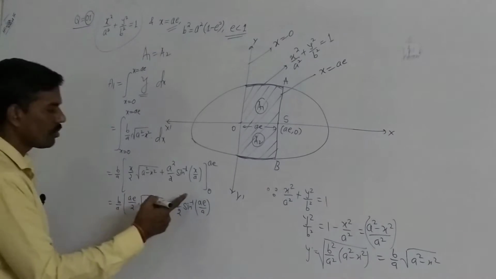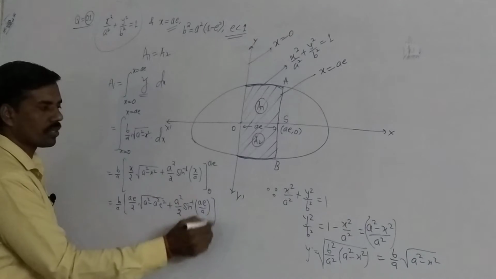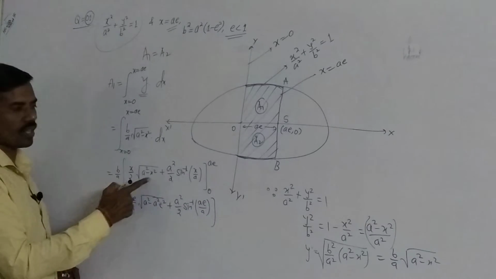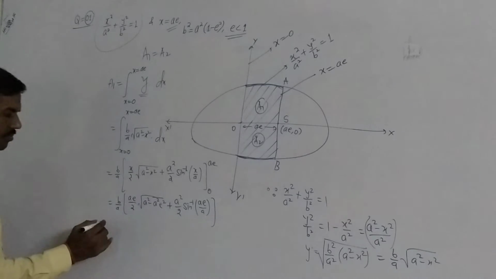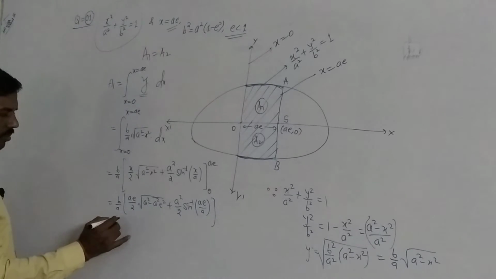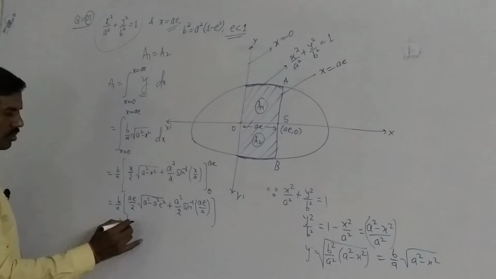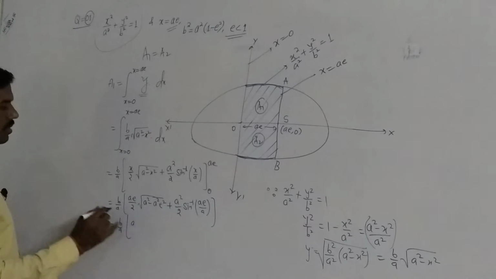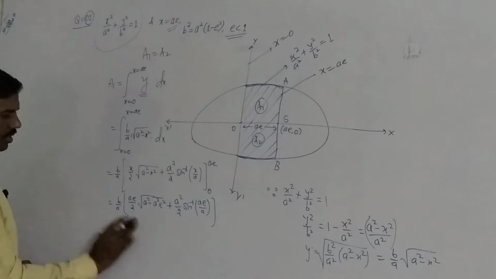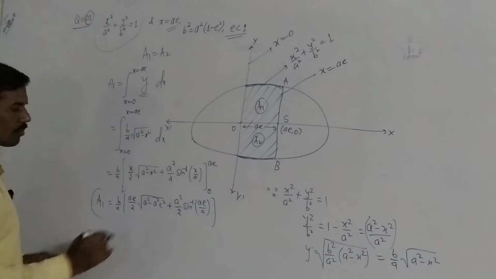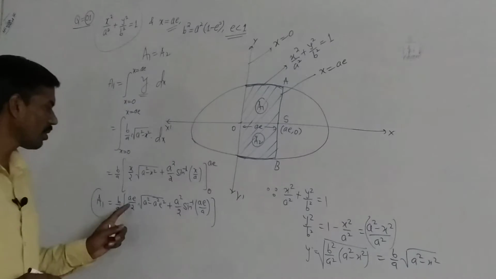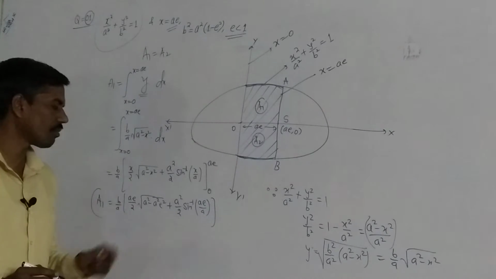When we substitute the lower limit, that is 0, it becomes 0, and sin inverse of 0 is always 0. This one is calculated as b by a into the bracket. This one is A1.